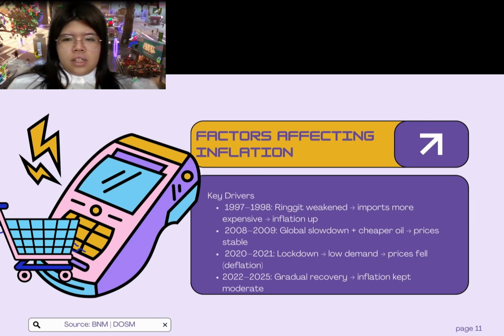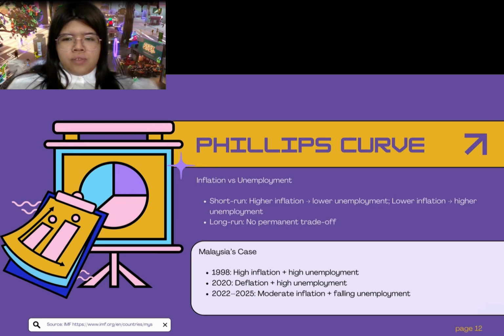Finally, this slide explains the Phillips curve. The Phillips curve shows the relationship between inflation and employment. In the short run, higher inflation usually comes with lower employment, while lower inflation usually comes with higher employment. In Malaysia, in 1998, inflation was high and employment was lower.